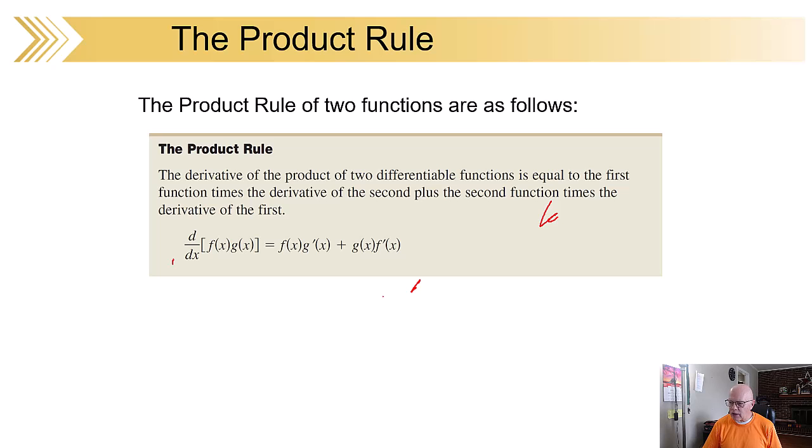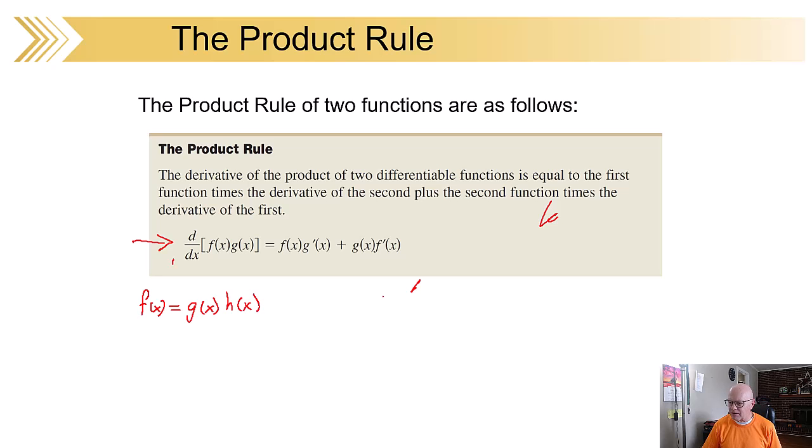Alright, so here's the definition of the product rule. And the one I gave you the other day looked like this. First of all, we've got a function, and that function is composed of two other functions.